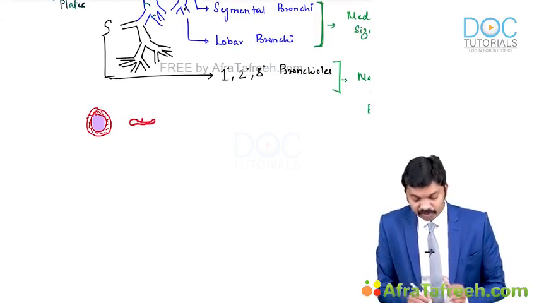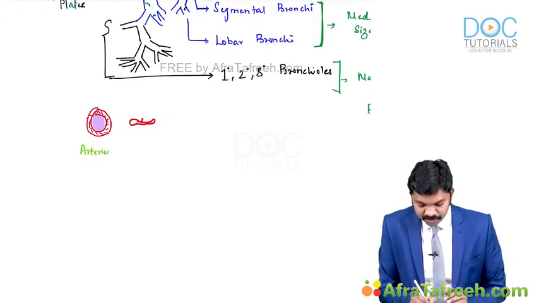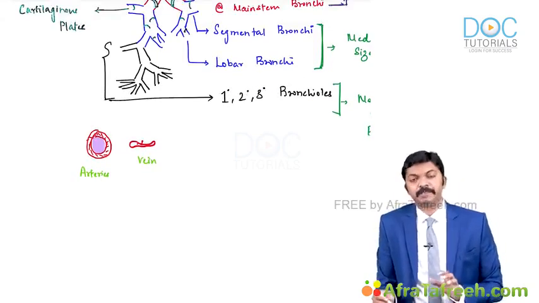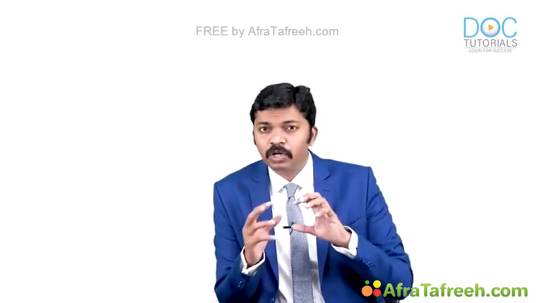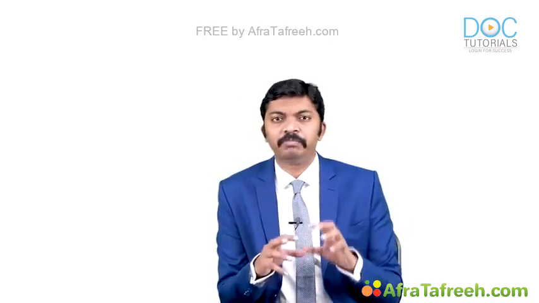The reason for arteries having an exposed lumen and veins having a collapsed wall is this. Arteries are thick, muscular structures, and their walls are always open irrespective of the presence or absence of blood. It doesn't matter whether blood is inside an artery or not, arterial walls always remain open because their walls are very thick, very muscular, and very elastic also.